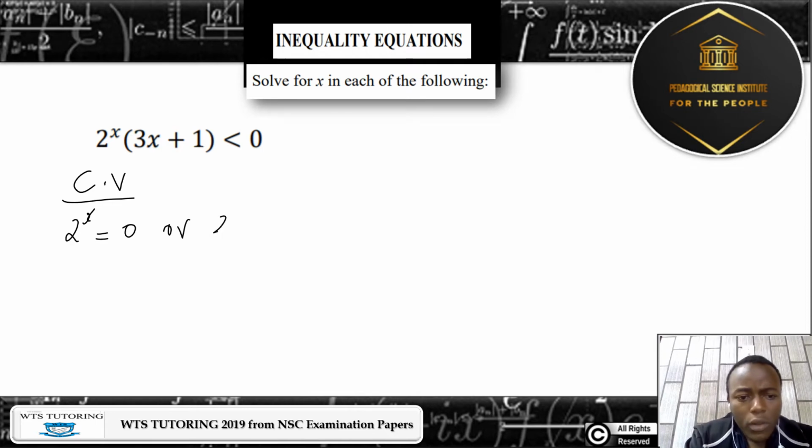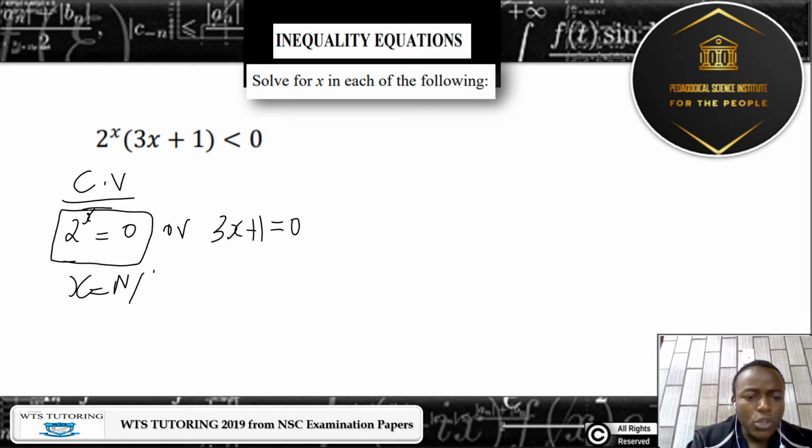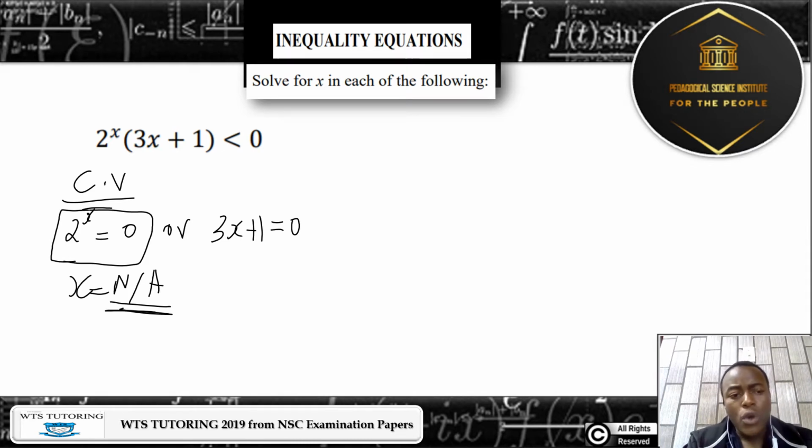Or we can say 3x plus 1 is equal to 0. From the first equation we won't be able to solve for x, because 0 cannot be obtained by raising 2 to a power. So there's no answer that side.